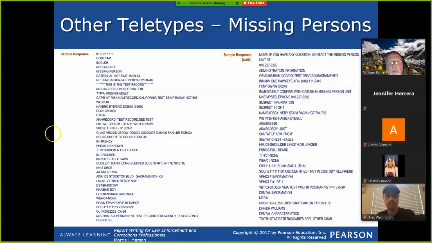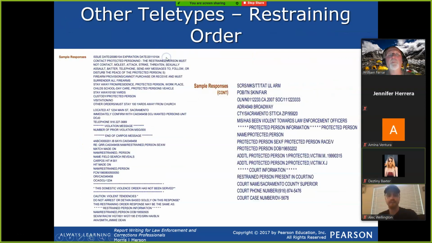Even their hair length. Here you can see broken or chipped tooth. So just a lot of information, right, so you can identify a missing person. So if you ran John Smith and this was John Smith, you would know that, hey, John Smith is a missing person out of this particular agency. So that's kind of what a missing person teletype looked like.